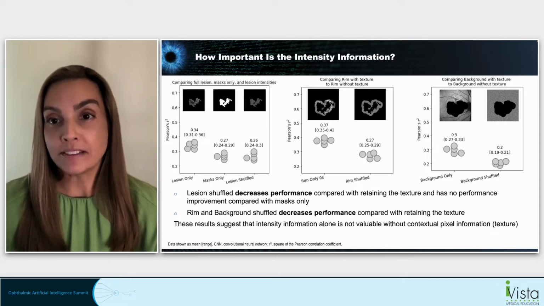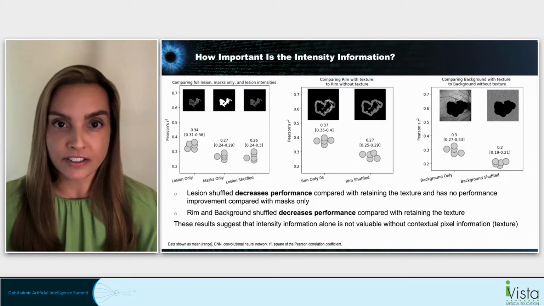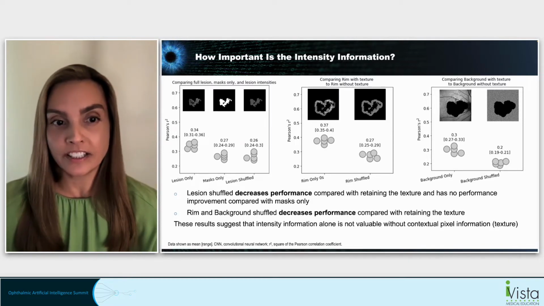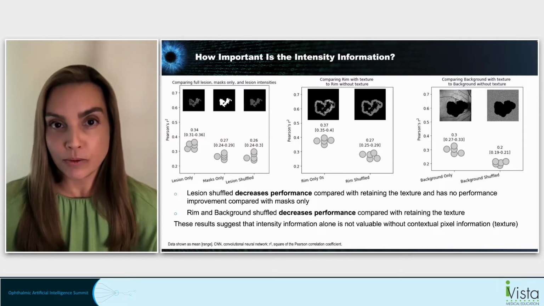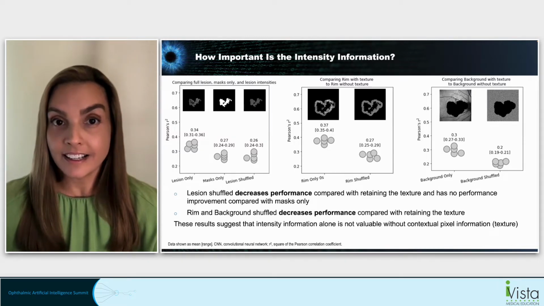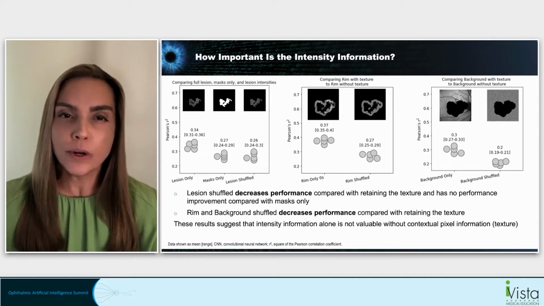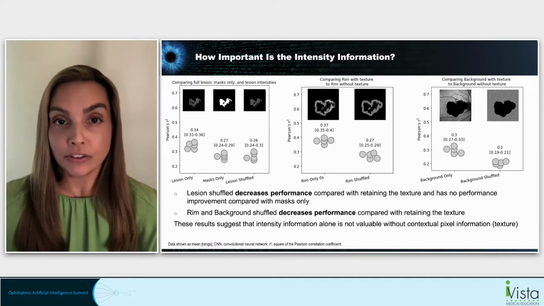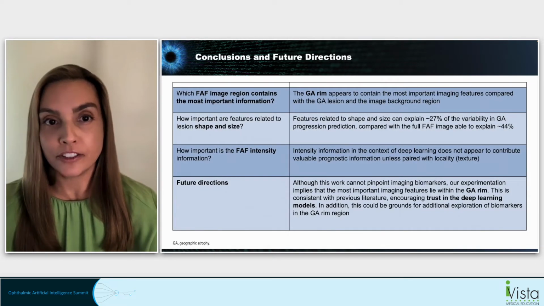And when we compare the background with texture and the background without texture, that also makes a difference. So that tells us that the intensity information is not that relevant, but the texture information is truly what's relevant. And again, as a clinician, I felt reassured, because when we look into fundus autofluorescence images, we really don't pay attention to image intensity. We do pay attention to fundus autofluorescence patterns as extensively described in the literature.